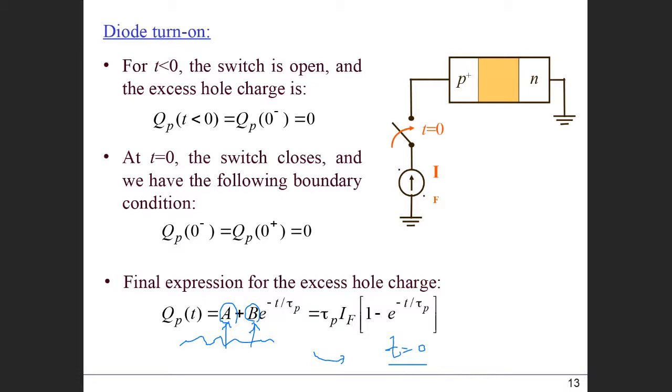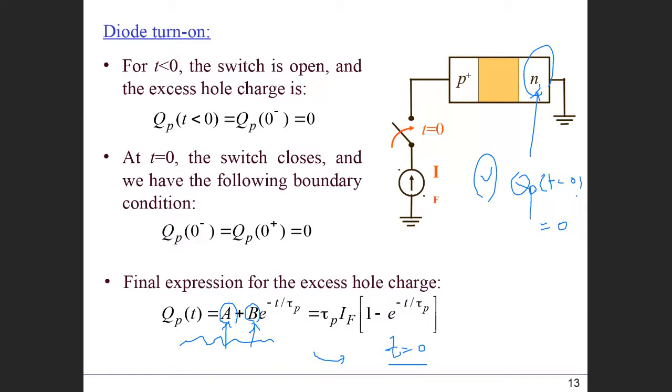This means that in the N side, the total charge at t equals 0 is going to be 0, because before t equals 0 the diode was not biased. So this is the first boundary condition.